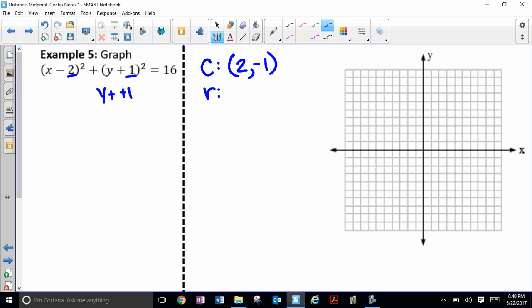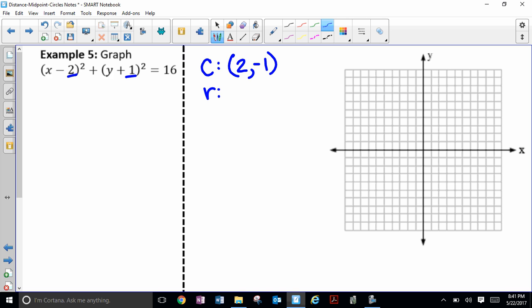So it's always opposite. Your center is always opposite what's inside the parentheses: your x value is the number with x, which I change to 2, and your y value is the number with y, which is opposite, so it'll be negative 1.